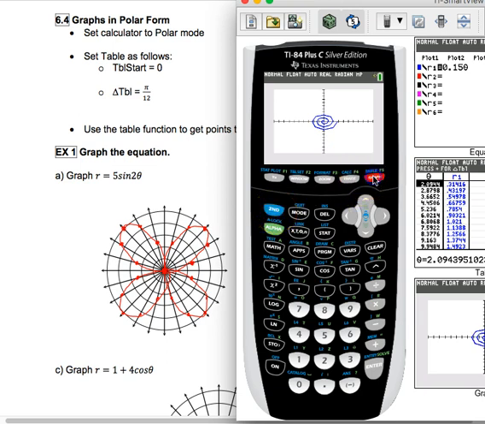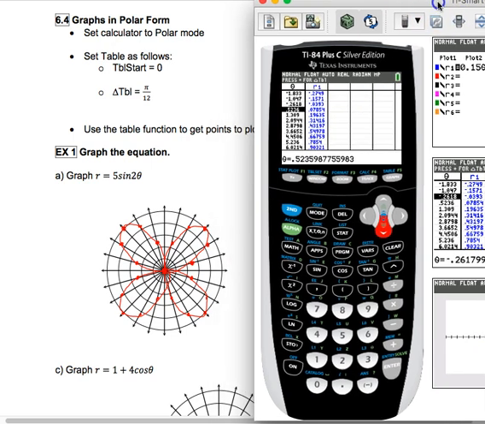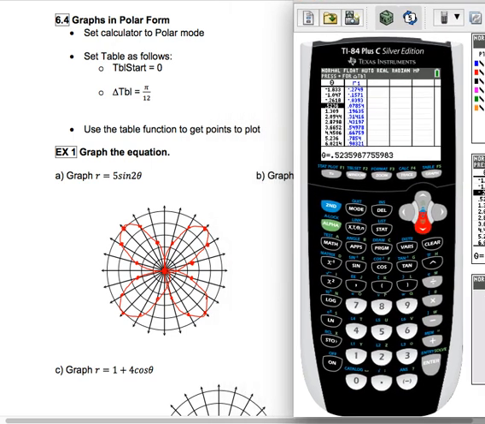So when I go to second table, now it's going to be, there we go. So I scrolled in so I can see where I've got 0 here.